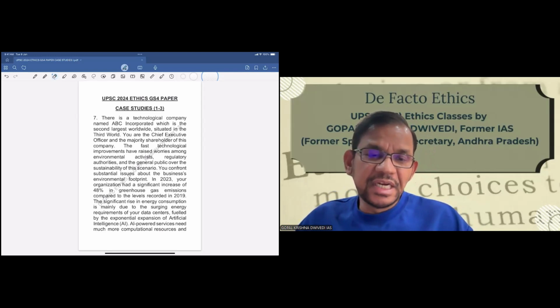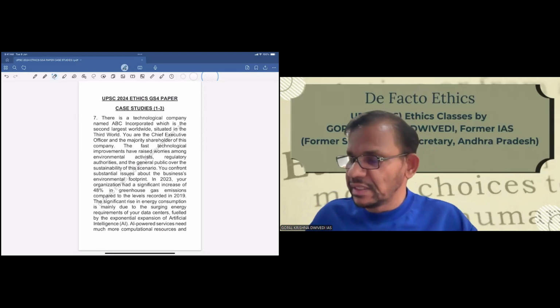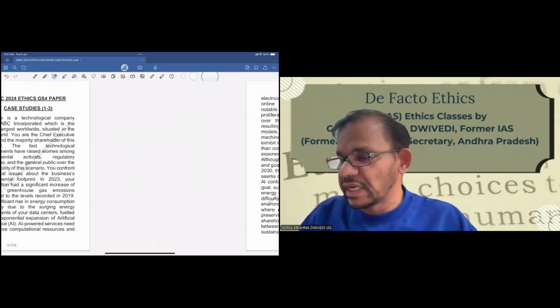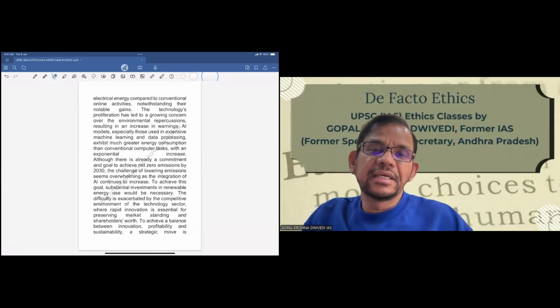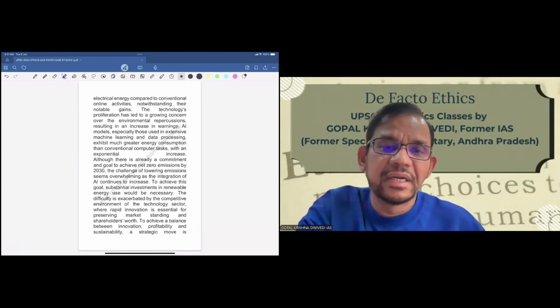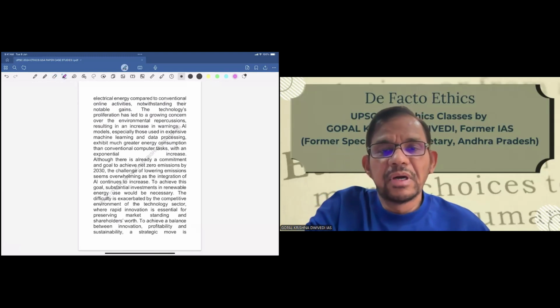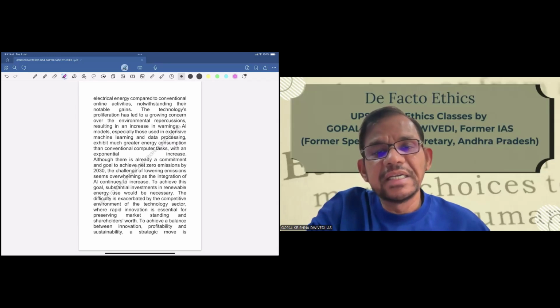AI-powered services need much more computational resources and electrical energy compared to conventional online activities. Notwithstanding their notable gains, the technology's proliferation has led to a growing concern over the environmental repercussions, resulting in an increase in warnings.